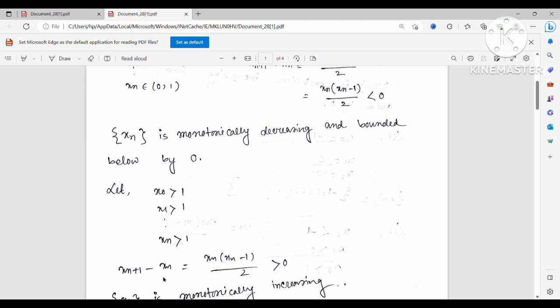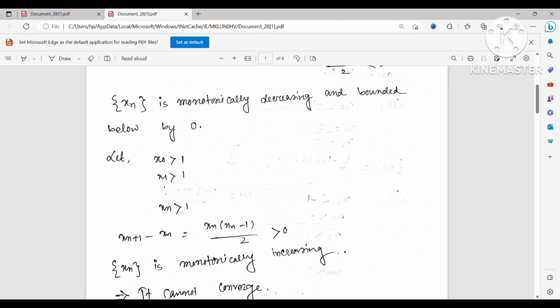Now xn plus 1 minus xn is basically xn into xn minus 1 divided by 2, and since xn is greater than 1 and xn is also greater than 0, that will imply that this term is positive, then xn is monotonically increasing. So if xn is monotonically increasing and converges, it must converge to a limit which is greater than 1, because each term is greater than 1 and xn is monotonically increasing.